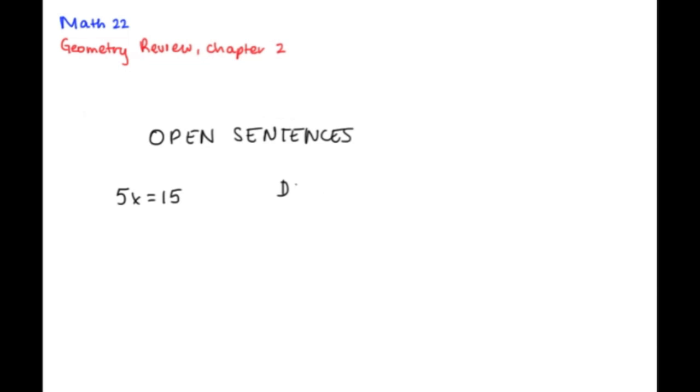But if we put in a number from a domain, and a domain is the set of numbers that can just replace a variable. So in this case, a domain can be basically any, I guess, real number here, right? 5, or just any number in general. A domain is just, for this sentence, a domain can go on forever.